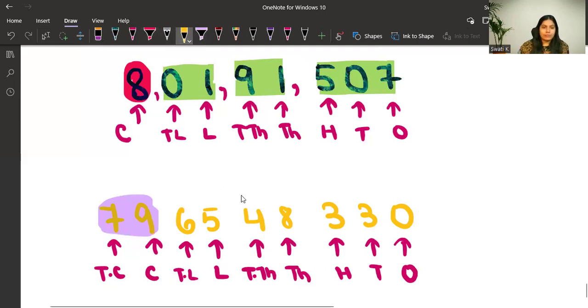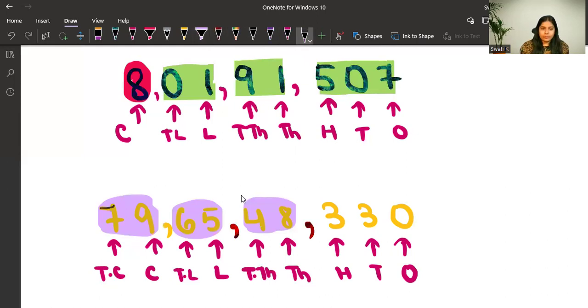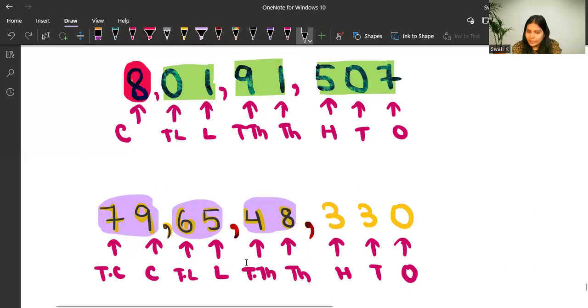After that, you can give a comma. Then 65 lakhs. After that, we can give a comma. 48,000. After that, we can give a comma. 330. So I'll write down 79 crore, 65 lakhs, 48,330. That's how we read.